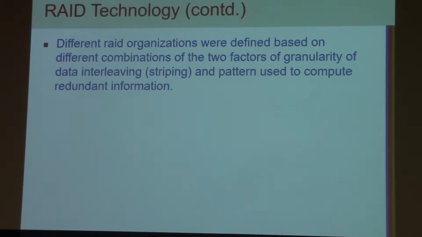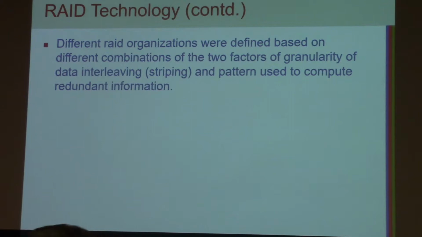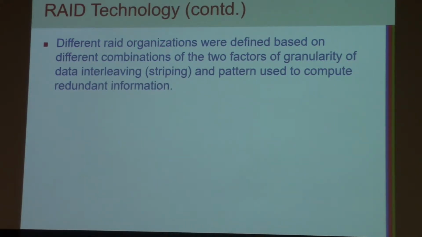So our goal is to maximize the utilization, but the problem is it should be safe, keeping the reliability, which means in case we lose one hard disk drive, it should be recoverable.